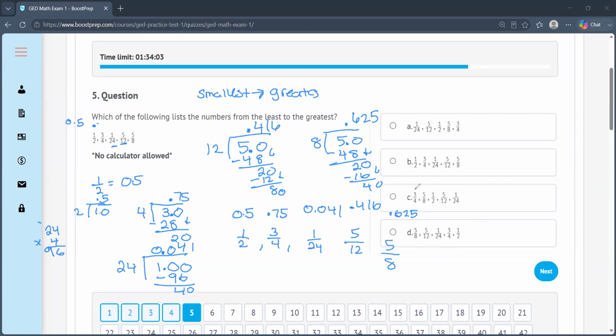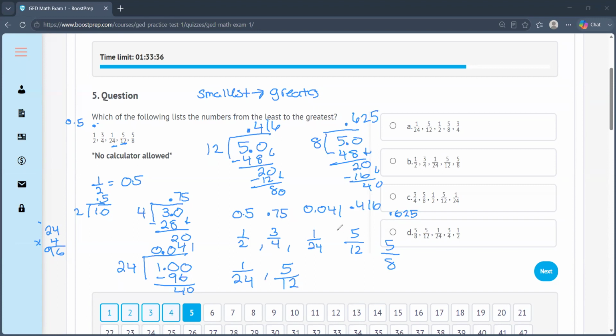Okay, so now we've got to put it in order, smallest to largest. Which one is the smallest? The 0.041, so that would be 1/24. The next smallest one is 0.416, so that would be 5/12.